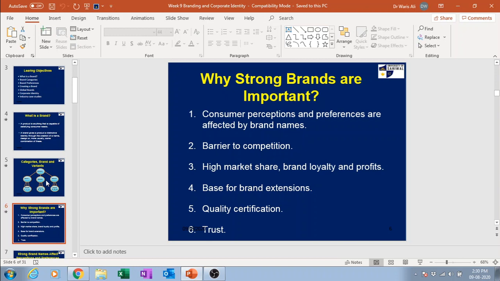Why? Because Apple is known for security and quality as compared to HP. Although, as I told you, both laptops were manufactured by the same company, we are giving more value to the Apple laptop as compared to HP, and we are willing to pay more for that laptop. So building a brand has certain importance.